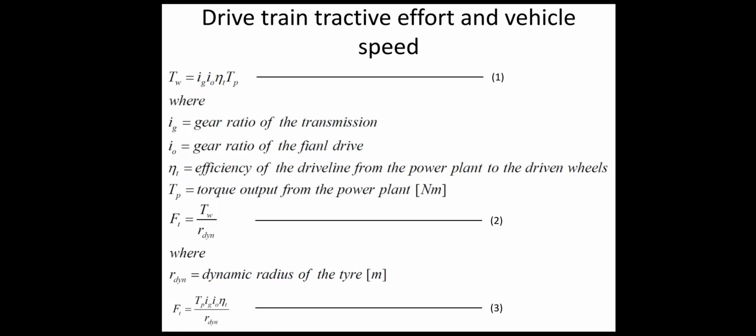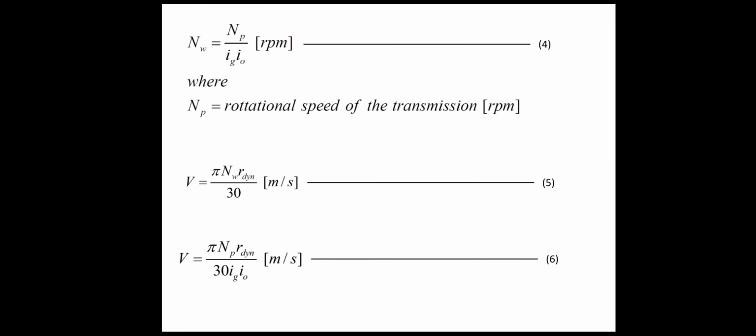This is the equation we finally get for the driven wheels. The total mechanical efficiency of the transmission between the engine output shaft and driven wheels is the product of the efficiencies of all the components of the drive train.